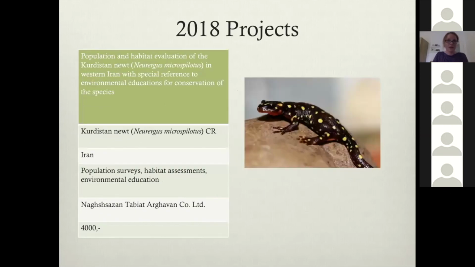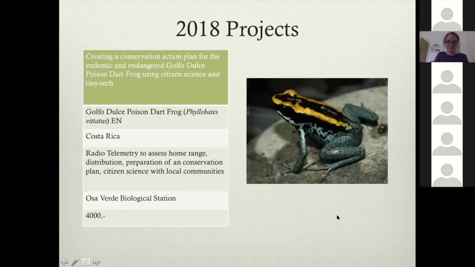Then we have the population and habitat evaluation of the Kurdistan newt in Western Iran, with special reference to environmental education for conservation of the species. That was about population surveys, habitat assessments, environmental education. So a bunch of different activities. And I think this is the last one, a creative conservation action plan for the endemic and endangered Golfo Dulce poison dart frog using citizen science and tiny tech.